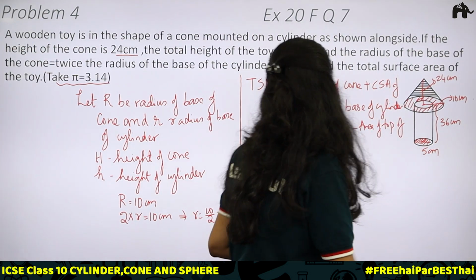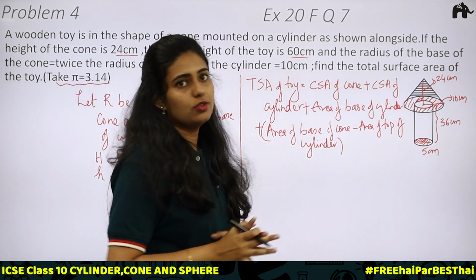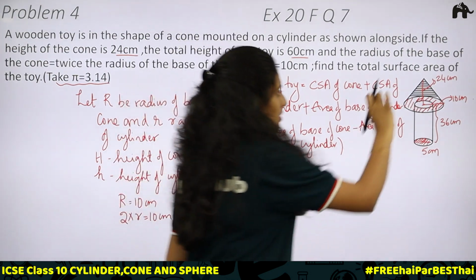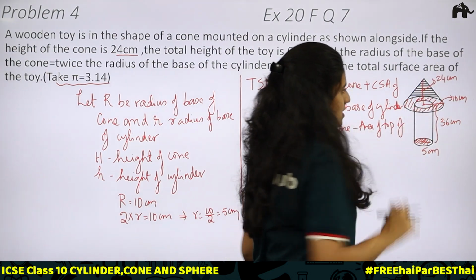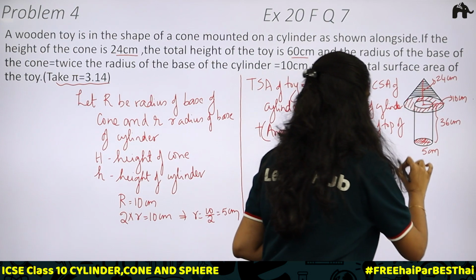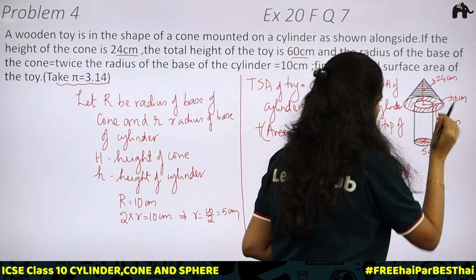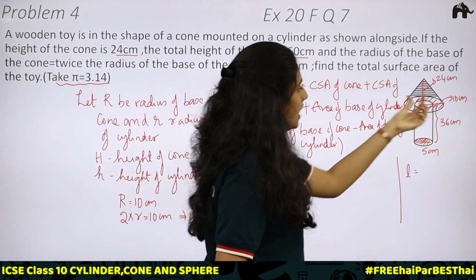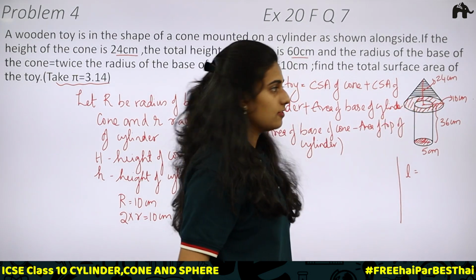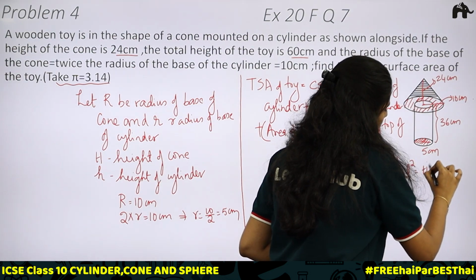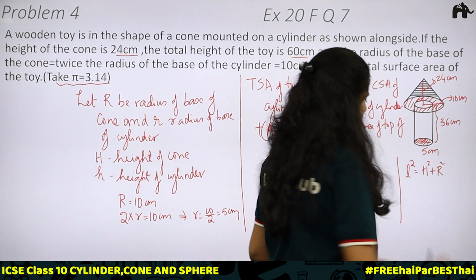In order to find the curved surface area of cone, what is the formula? Pi r L, where L is the slant height. We know the height and the radius. So we can easily find what the slant height is. Here we have taken capital H as the height of cone and capital R as the radius of the cone. L square will be H square plus R square.